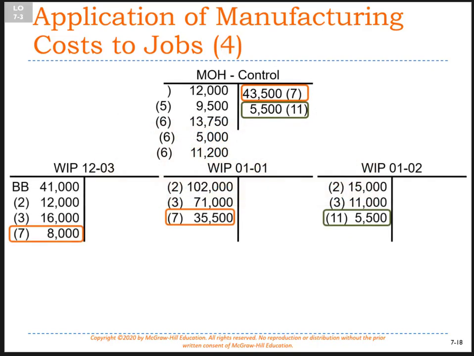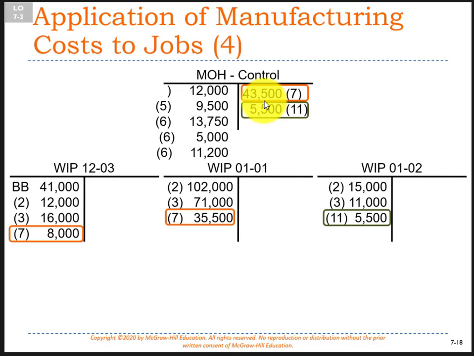So how do you journalize that? You credit the manufacturing overhead control, and debit the work in process. So notice that every work in process has to have what? Maybe could have a beginning balance, but doesn't have to, but it has to have direct labor, direct materials, and an allocation of overhead.